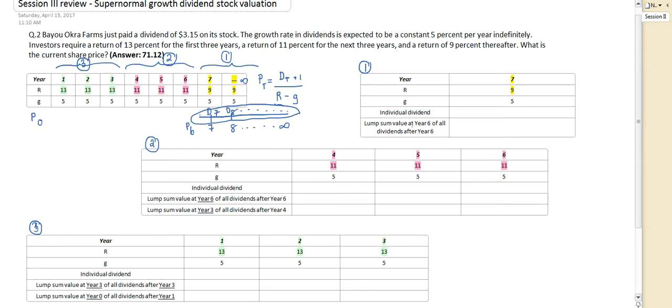Okay, so in order to find the value of all this cash flow from year 7, 8, 9, 10, we know that the growth is constant and the required return is constant, so we can simply use the dividend growth model, right? In order to find that, we need to find the dividend at year 7 first.